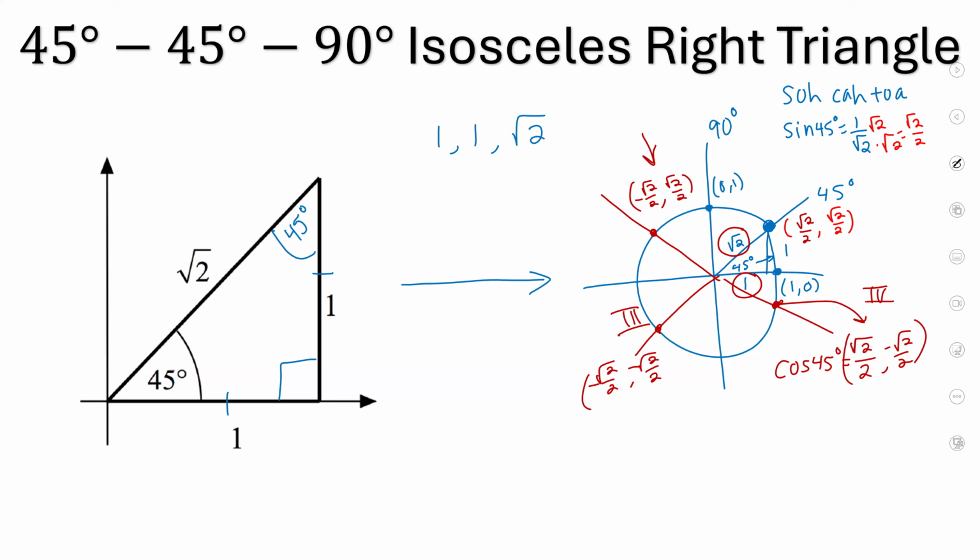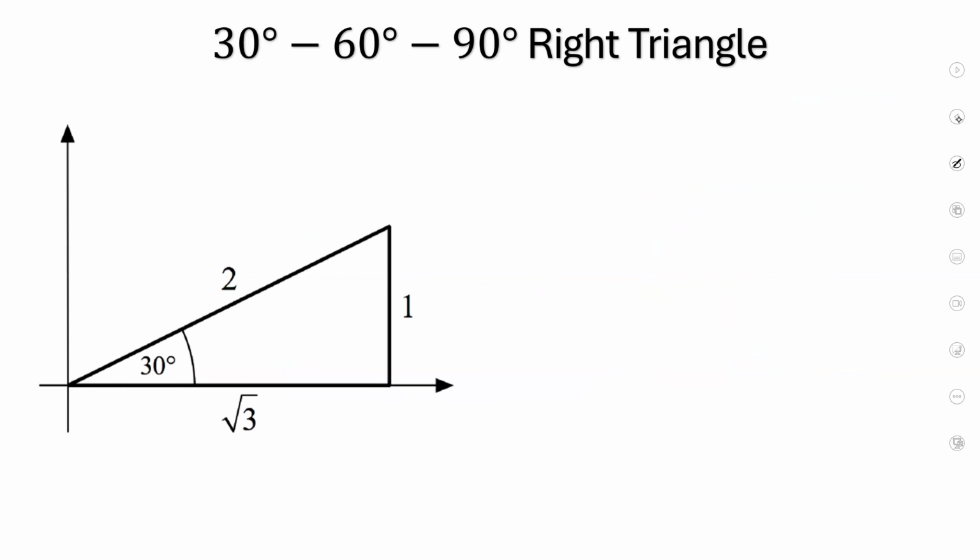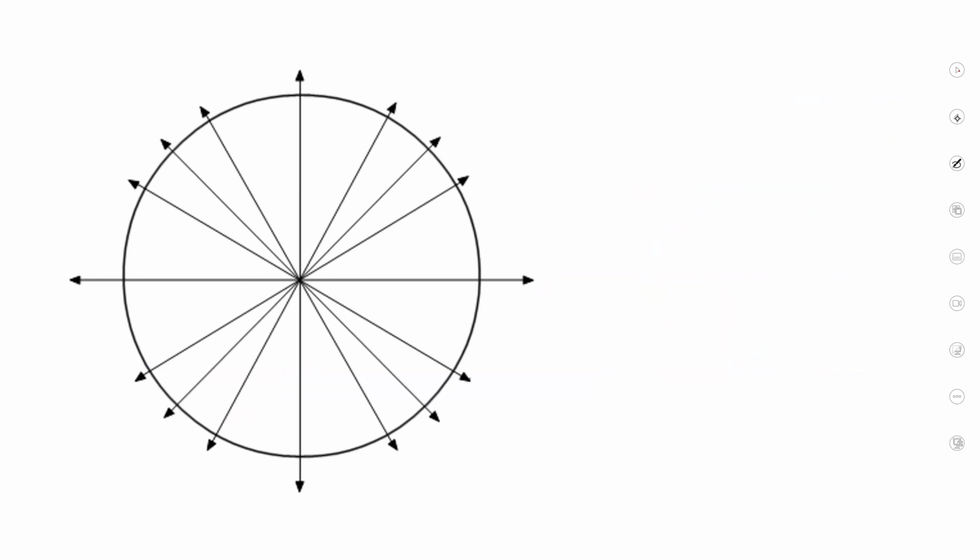Okay, so if we're looking at a unit circle today, we learned that this coordinate is 0, 1. This coordinate is 1, 0. This coordinate is negative 1, 0.